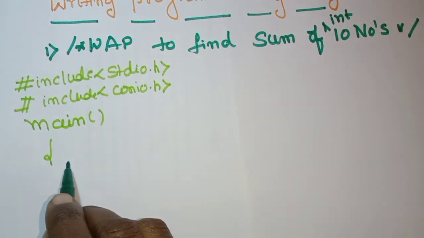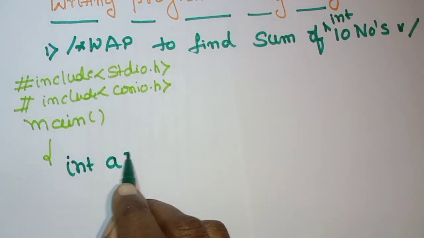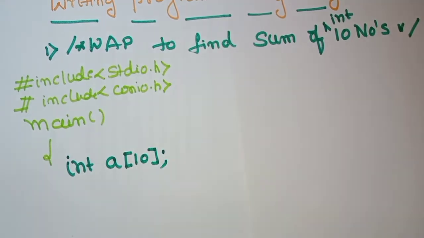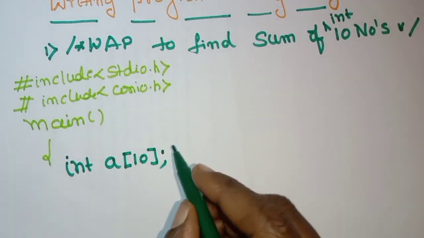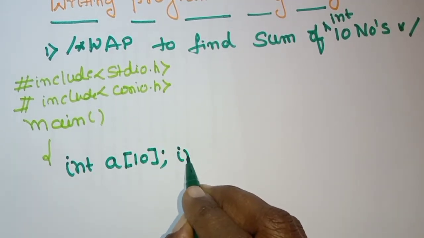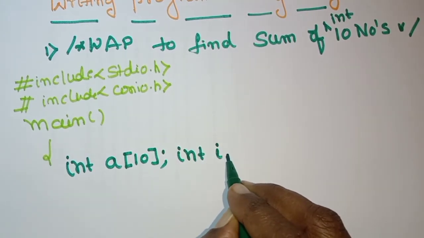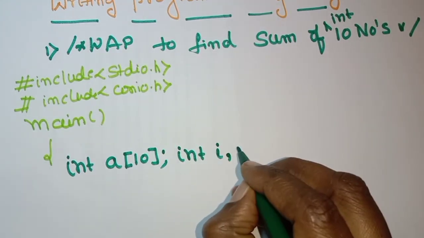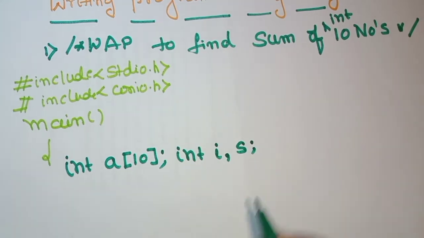So let us find the integer: int a of 10. That means here you are going to find the sum of 10 integer values, and I need another variable, that is i, and since we are finding the sum, I need another variable called sum.